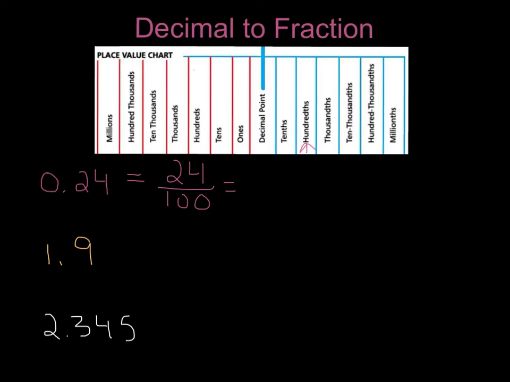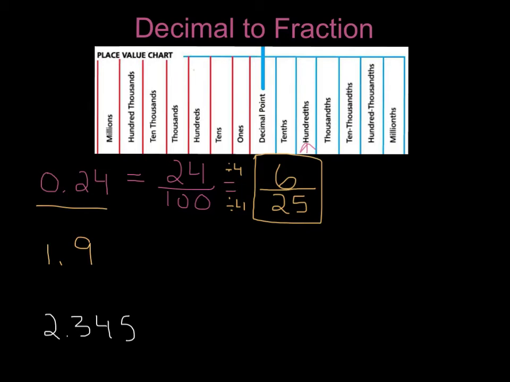But I also know that you can divide them both by 4, so let's see what happens when you divide them both by 4. You get 6 over 25, and that is fully simplified. So we went from this decimal, 0.24, which is 24 hundredths, and then reduced it to 6 over 25.